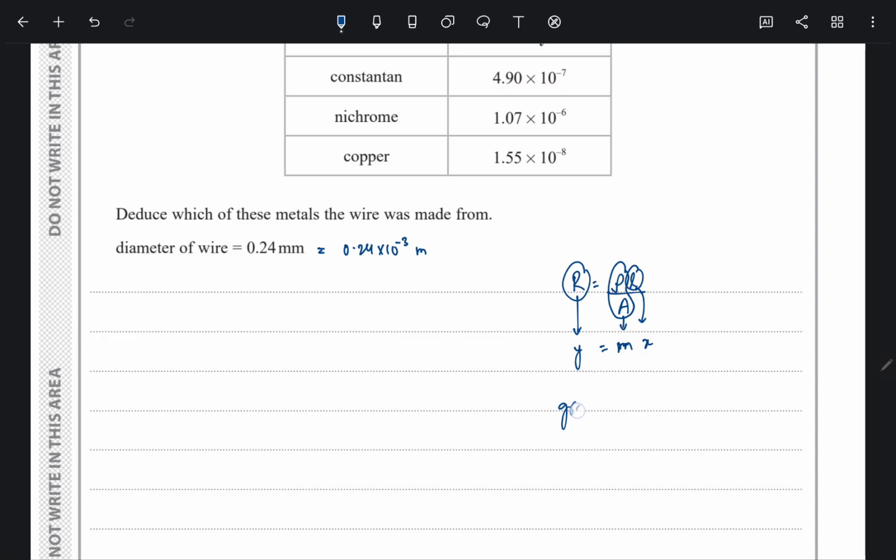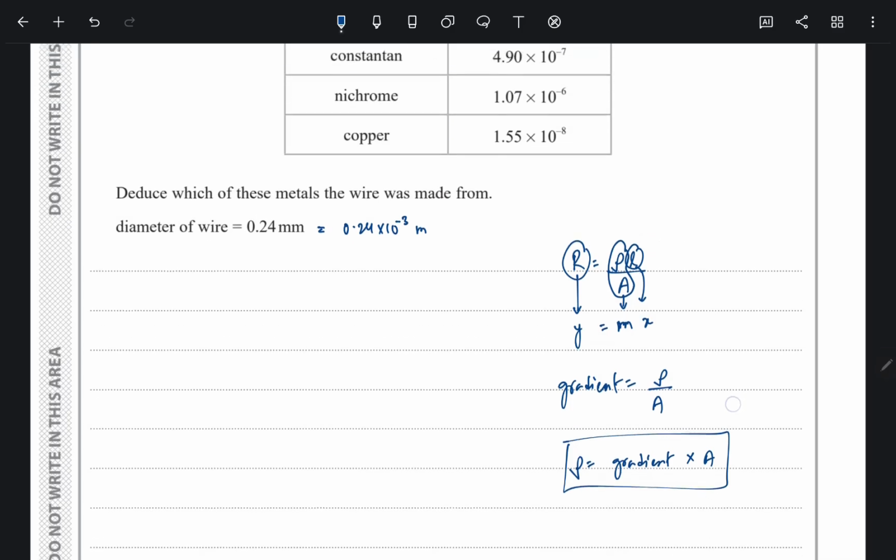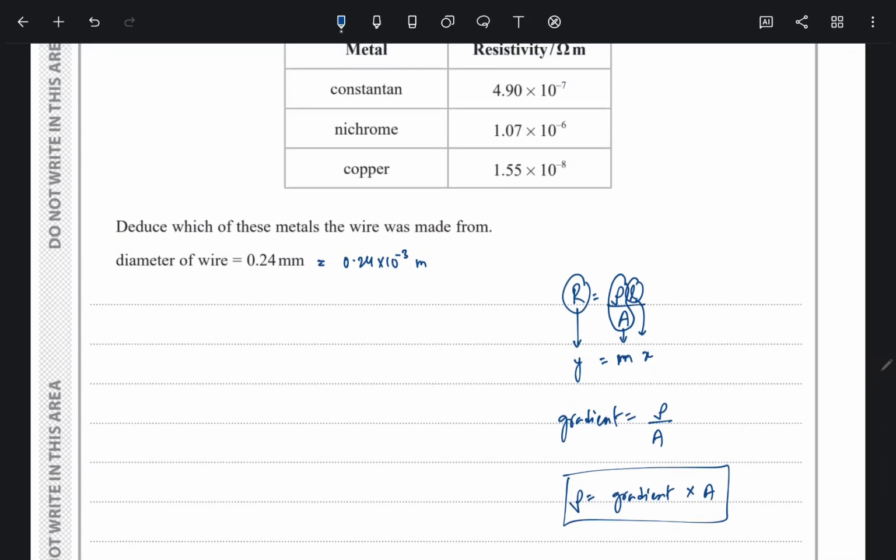So the resistivity is going to be the gradient times the area of the wire. And we're going to use this to find the resistivity and then compare with the values in the table. So the resistivity is the gradient times the area.